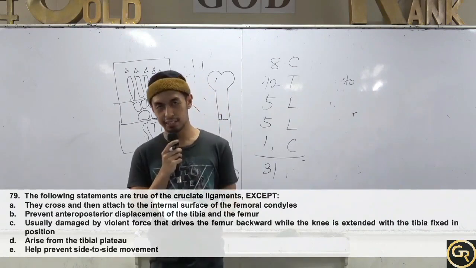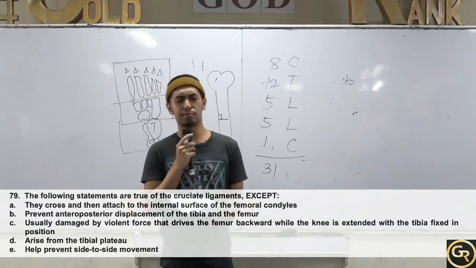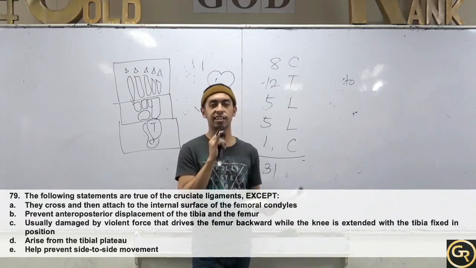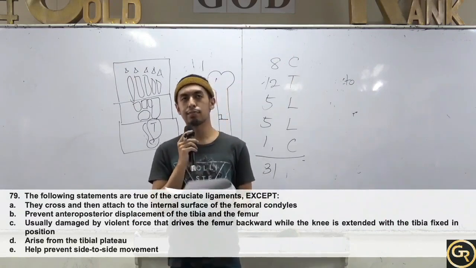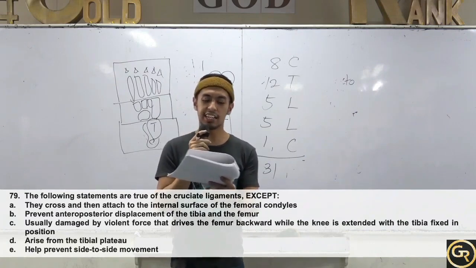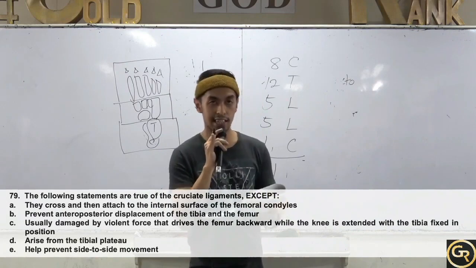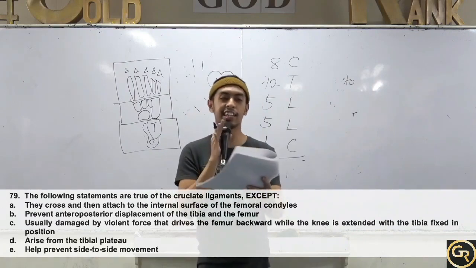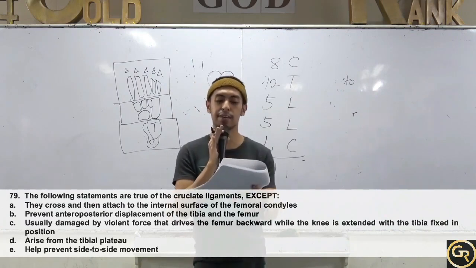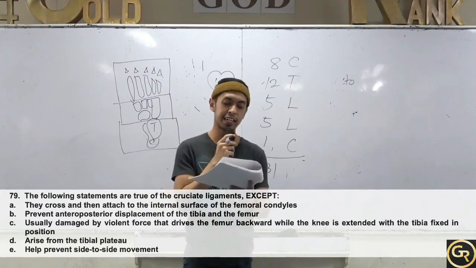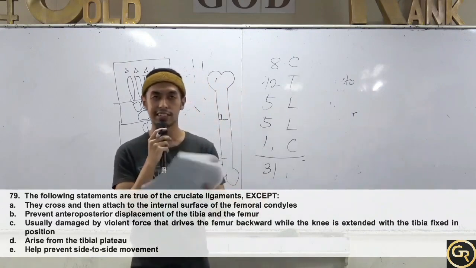Based on your Basmajian, there are several structures that prevent displacement sideways of the knee. It can be the collateral ligaments, the cruciate ligaments, and the intercondylar eminences. So letter A is correct. The wrong one here is letter C.